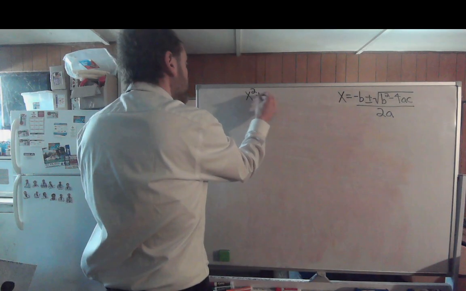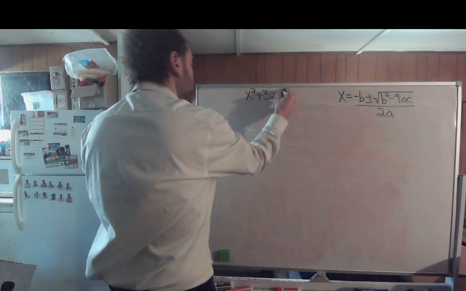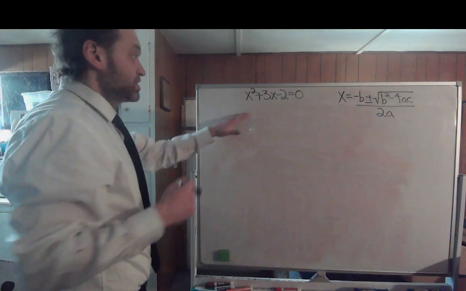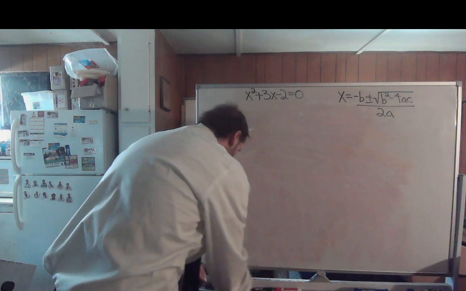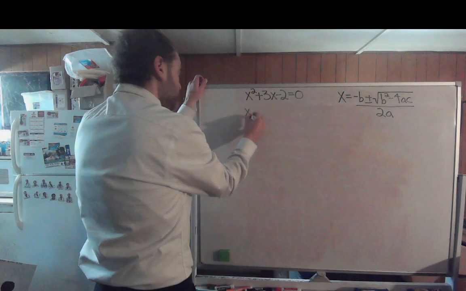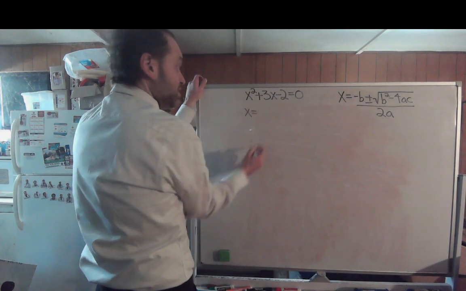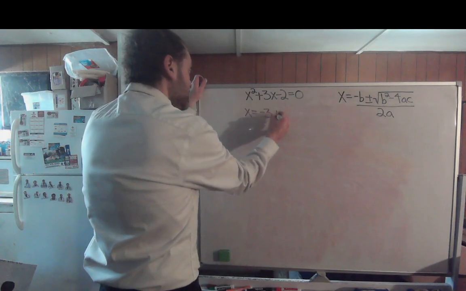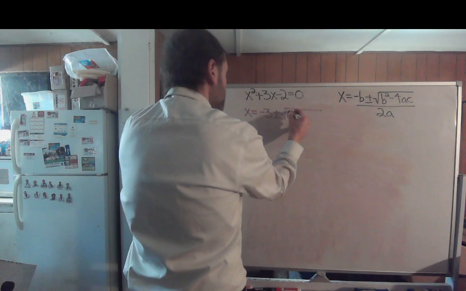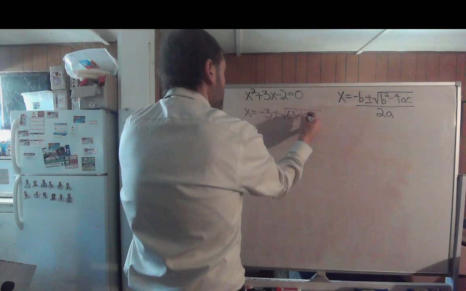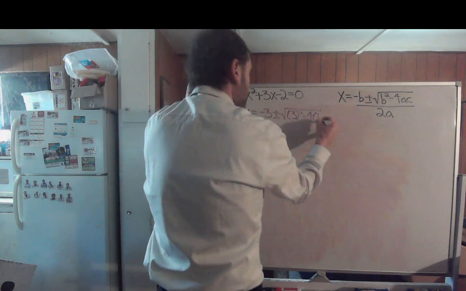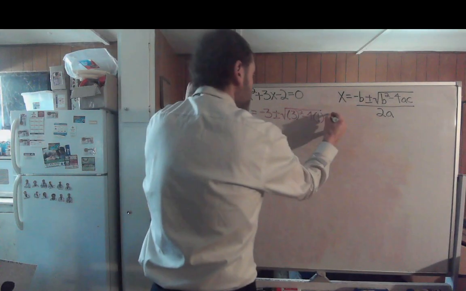x squared plus 3x minus 2? Now this one you definitely can't factor. So x squared plus 3x minus 2. Well, set up your x. That's going to equal the negative of b, so that'd be negative 3 plus and minus the square root of your b squared, which would be 3 squared, minus 4 times your a of 1 times your c of negative 2.